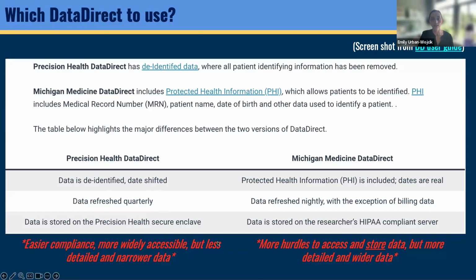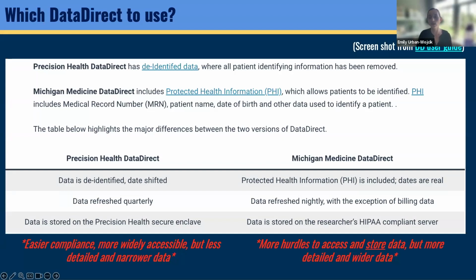The Precision Health data in DataDirect are also date shifted within patient. This is something that helps with the de-identification. Importantly, the date shifting is all within patient and it's the same amount of time that's shifted. So patient A may have all their dates shifted by like 2 weeks, for example, and patient B may be shifted by 1 week.